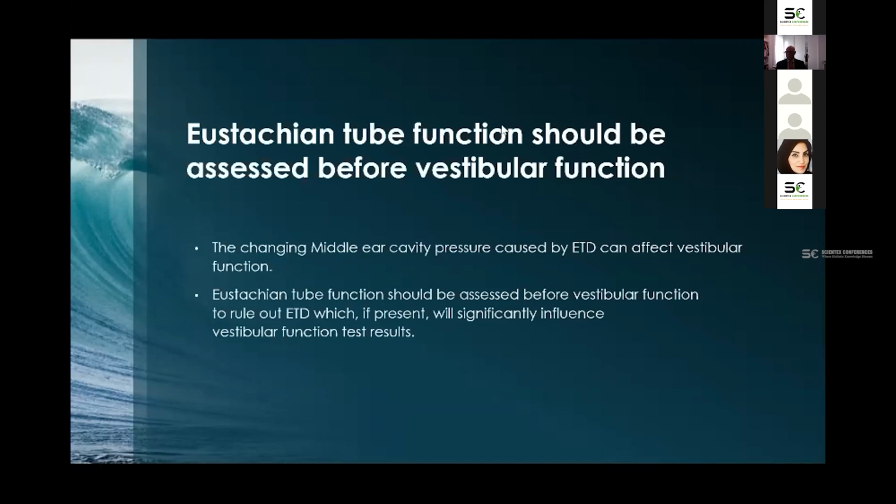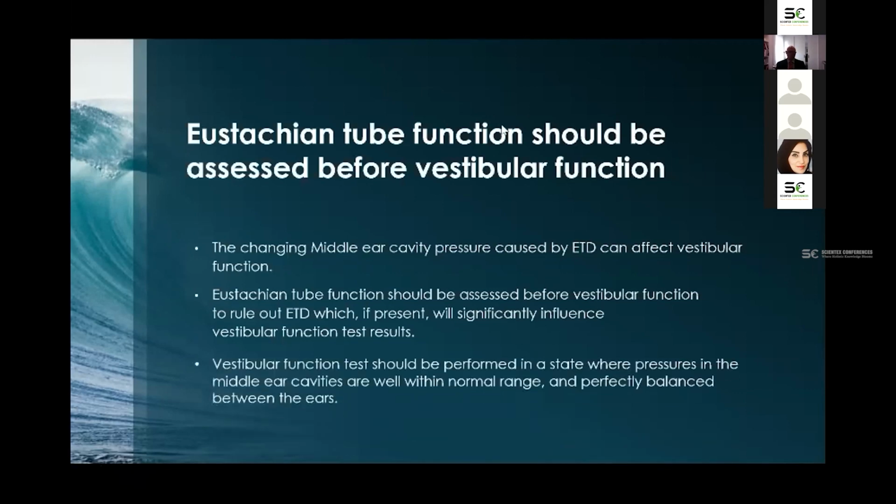Therefore, it is important that Eustachian tube function should be assessed before vestibular function to rule out ETD, which, if present, will significantly influence vestibular function test results. An important point to note is that the vestibular function test should be performed in a state where pressures in the middle ear cavities are well within normal range and perfectly balanced between the ears.